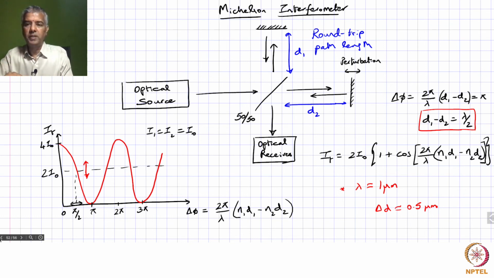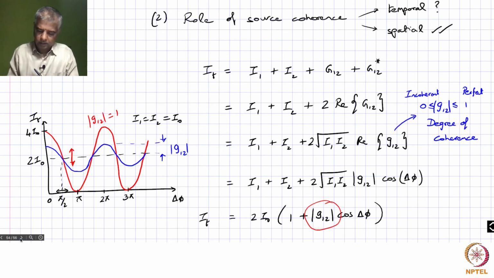But now what we are saying is, this particular interference cannot happen over such a long distance. Okay, you will essentially have this interference only over a certain distance.